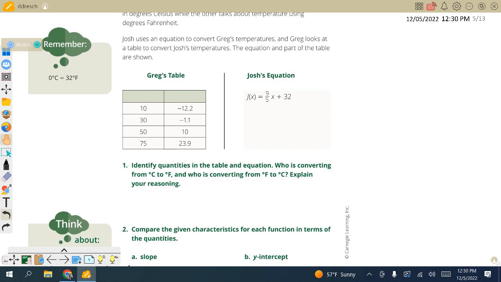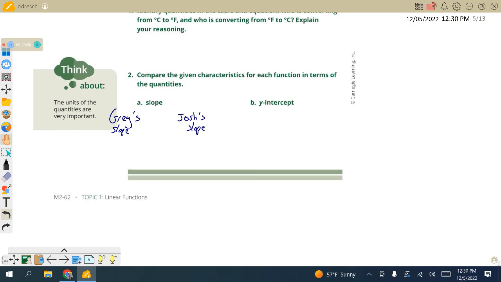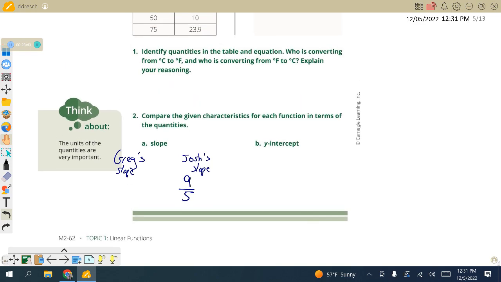9/5. 9/5. So that's an easy one to identify. The one that's not as quick to identify is the slope coming from the table, correct? So off of there, like I said, we'll give you nicer numbers.